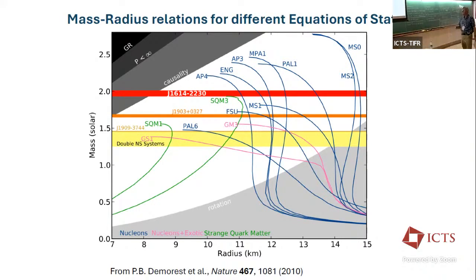Those are different nucleon models, where you end up with nucleons interacting with each other, 2-body, 3-body, and so on. And then some of the softer equations of state correspond to, for example, strange quark matter in green, or these nucleon plus exotics, phase transitions in pink. They tend to end up with lower values.